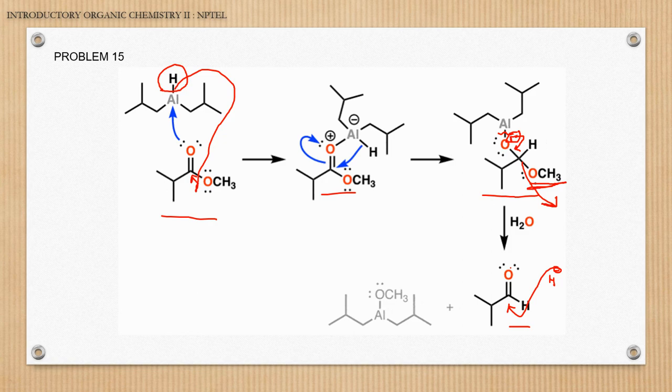So the advantage of using DIBAL is that it gives you selectivity, as you can selectively reduce ester to aldehyde, but lithium aluminum hydride is strong enough to give the alcohol from the ester. Direct reduction will take place, but in this case you will end up having the aldehyde in hand rather than the alcohol, because it is a single hydride donor.